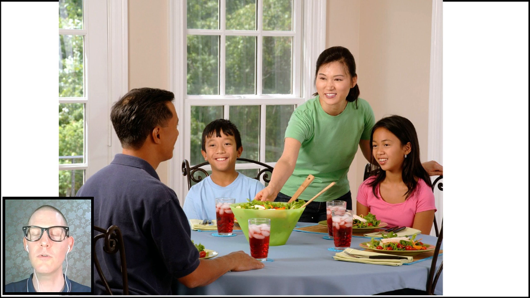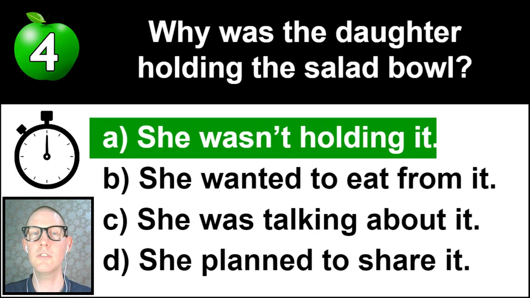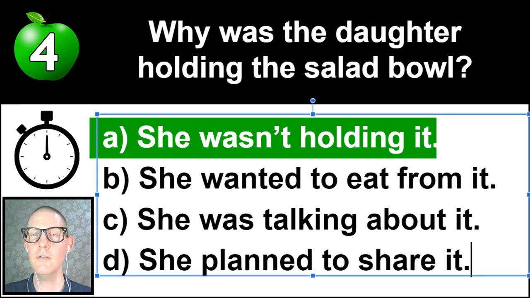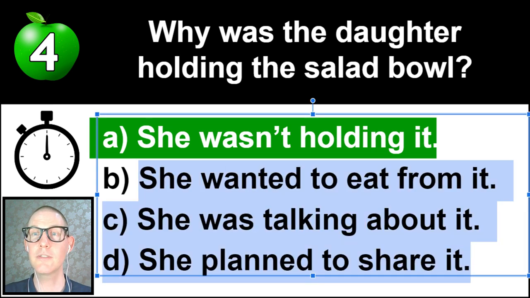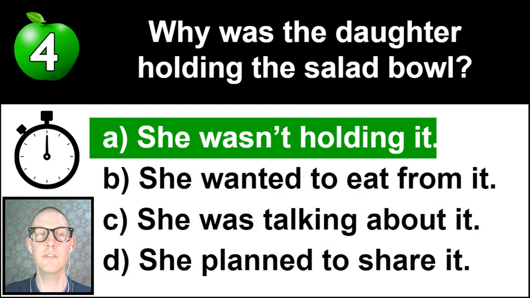The mother is holding the salad bowl with her right hand. Maybe she just put it on the table, or she's moving it around. Right, the mom or the mother is the one holding the salad bowl. Okay, so the daughter, the answer is A, she wasn't holding it. So none of the other answers make sense because they would mean that she was holding it, but she wasn't. So the only one that works is A.